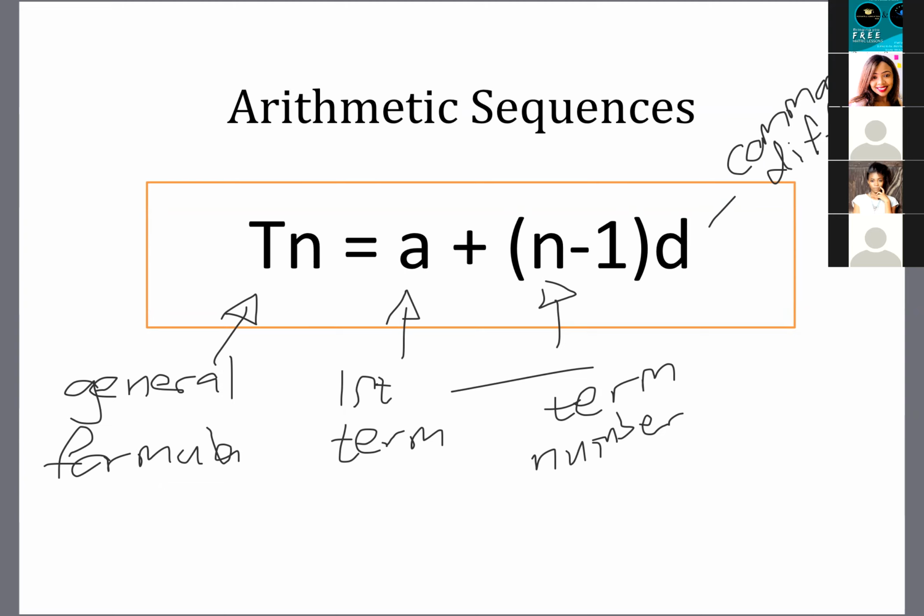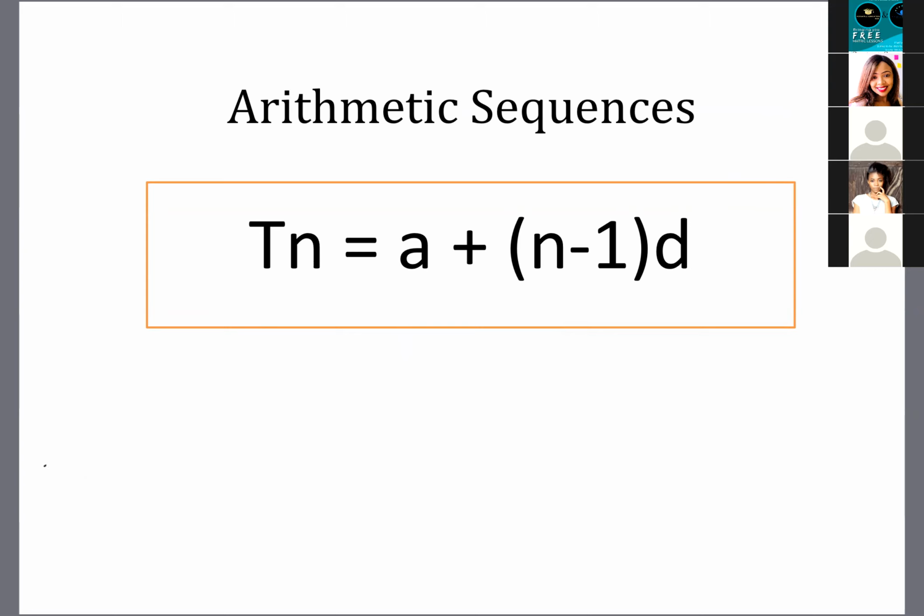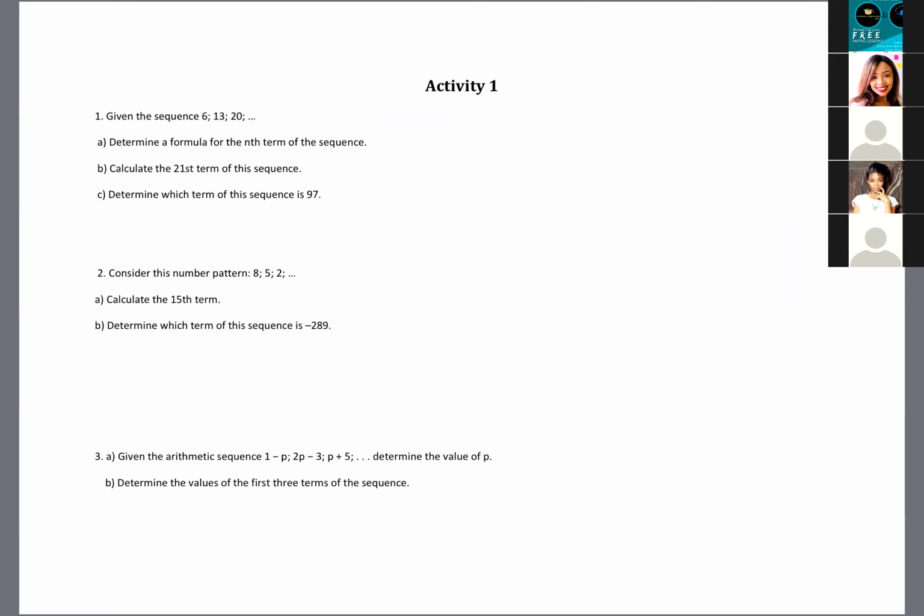So basically when they want the general formula or the nth term, you only have to substitute your A and your d, and then you figure out the rest. So when we go to this question, it says determine the formula for the nth term of the sequence. They gave us the 6, the 13, the 20.